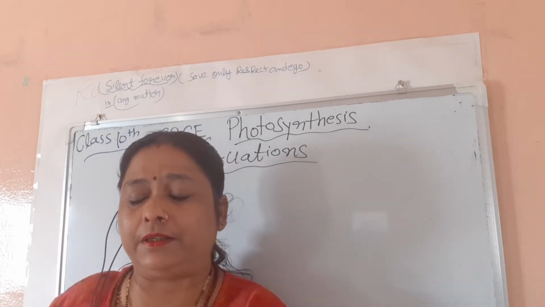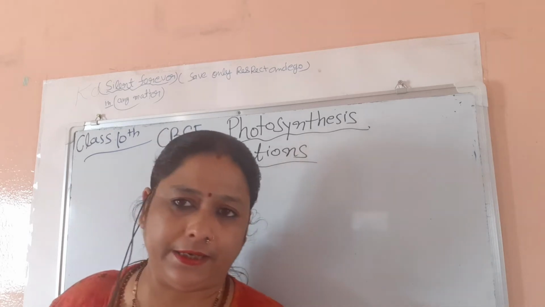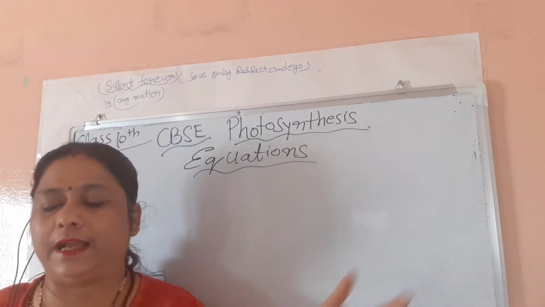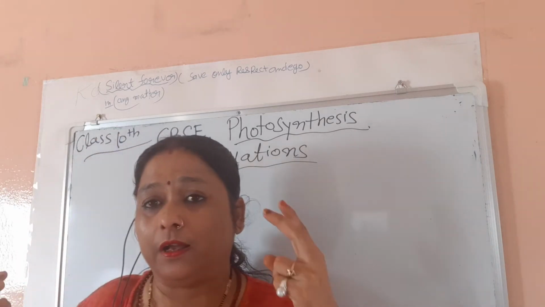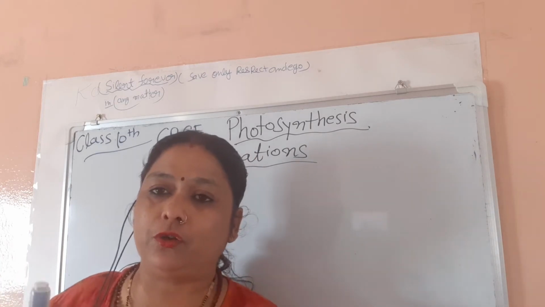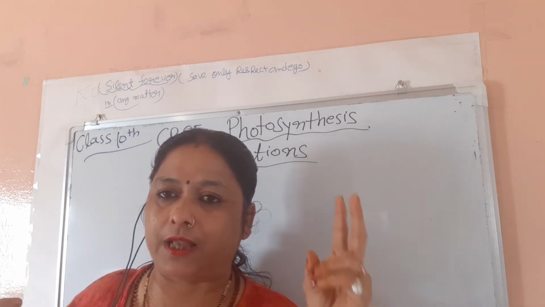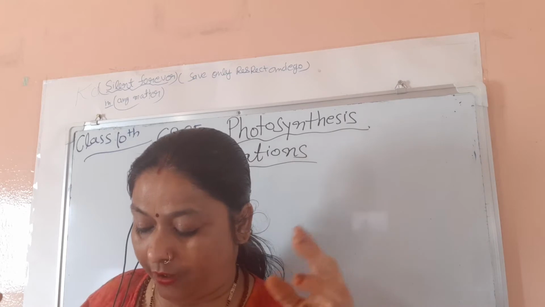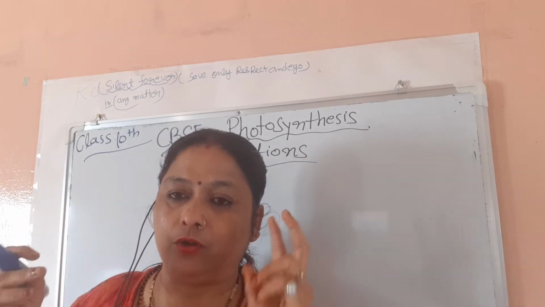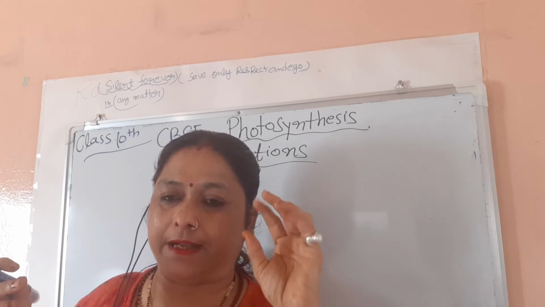Chlorophyll is made of tiny particles present in green leaves. Here we only discuss the photosynthesis equation. The photosynthesis reaction involves two reactants, carbon dioxide and water.